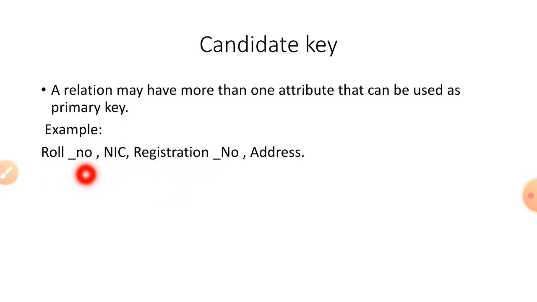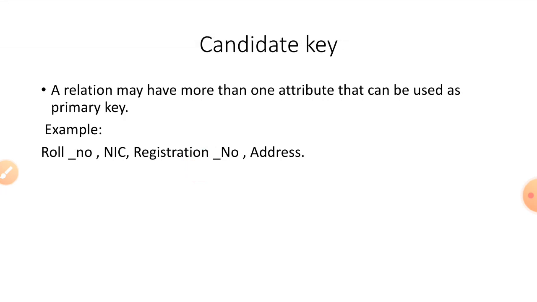Right now roll number, NIC and registration number can all be used for unique identification, but we just have to select one attribute as the primary key. So all these attributes can be considered candidate keys.